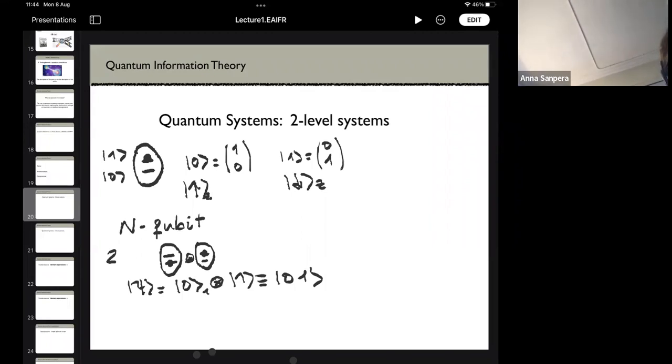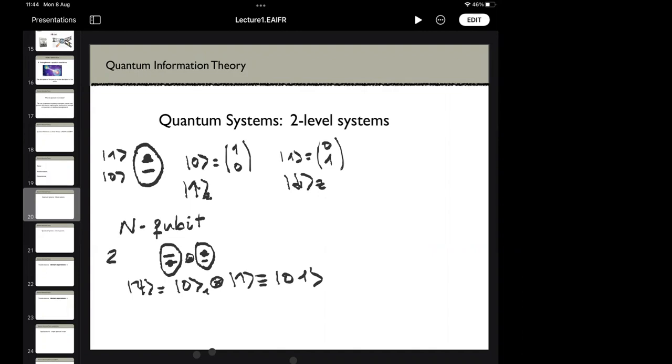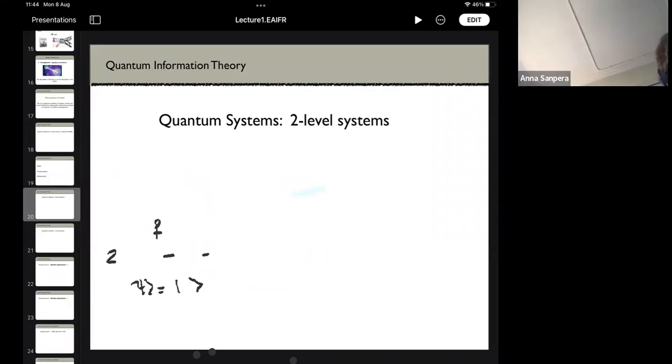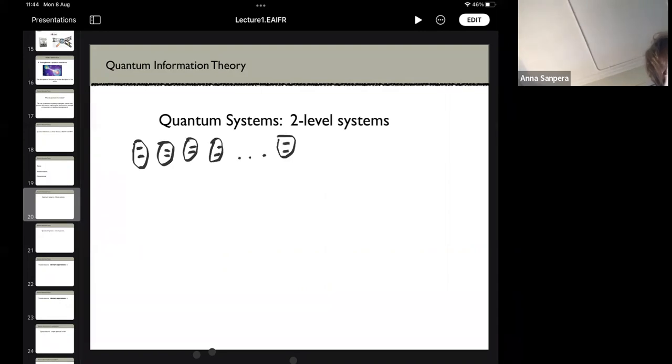Imagine that I have n qubits. Let me delete here, and now let me put it here. So normally we will have n qubits. And why? This is a very good question. Our idea will be that we have, I'm not going to write the tensor product, n qubits. So how many elements do I have in this basis?